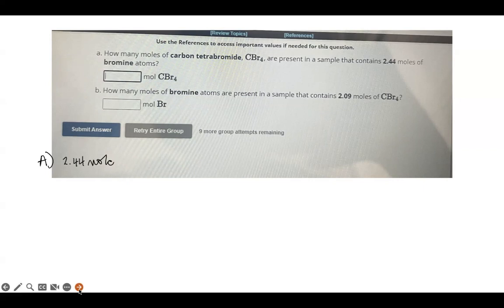Okay. So we're asked how many moles of the entire compound there is if we're starting with 2.4 moles of just bromine. I don't think we'll need Avogadro. You know what? I should just work it through and then I'll figure it out.